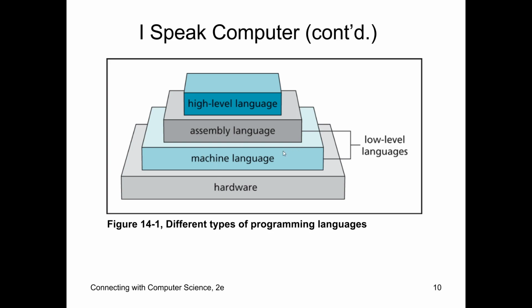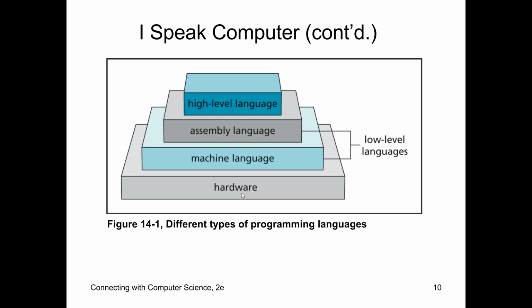Now, don't think that a high-level language gets converted to assembly language and then gets converted to machine language. That's not necessarily what it's showing here. What this is trying to show is that the high-level language is highly abstracted from the hardware, meaning that it's got to go through an interpreter or a compiler to get down to the machine language to tell the hardware what to do.